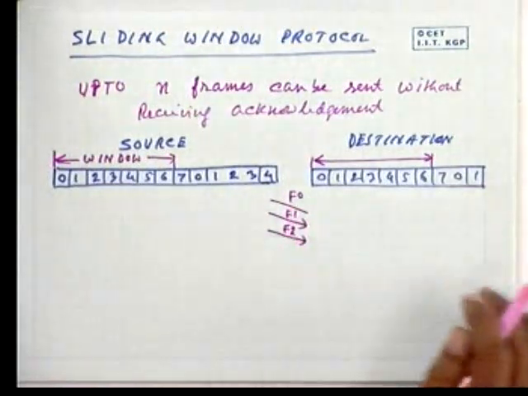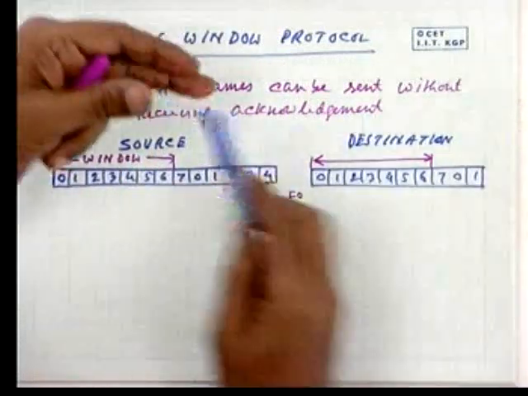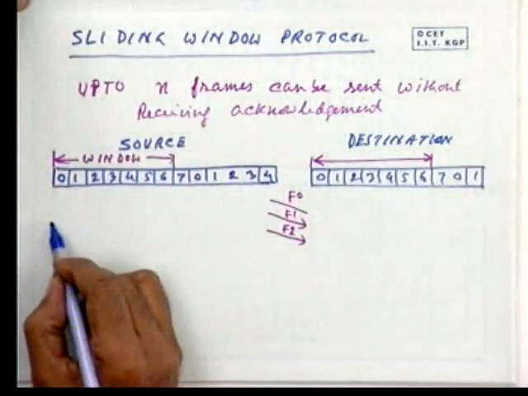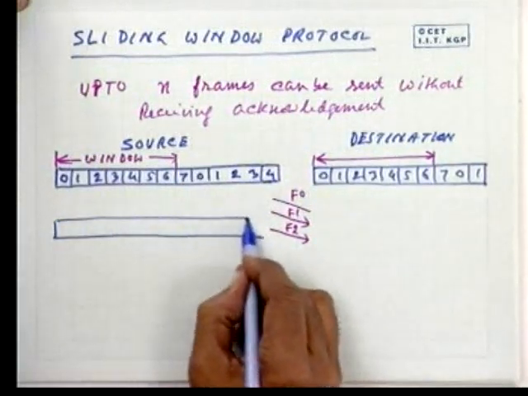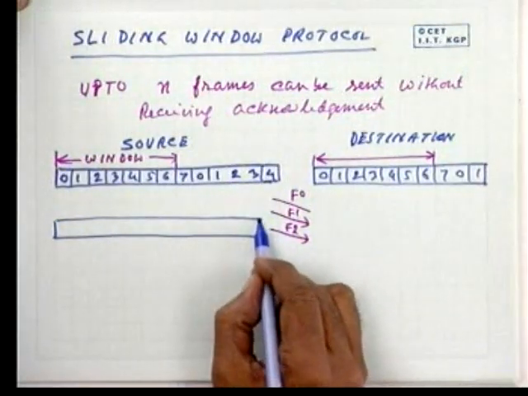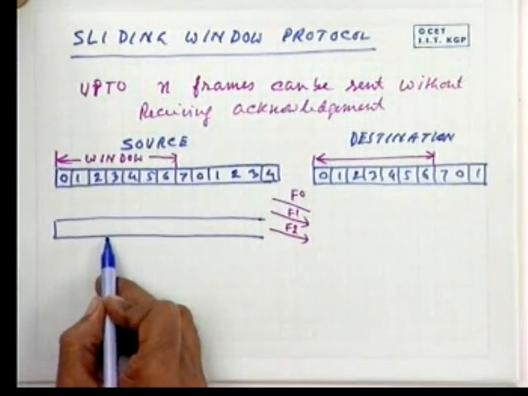After sending these 3 frames, what will be the situation in the transmitter? As the frames are sent, the window size will shrink.